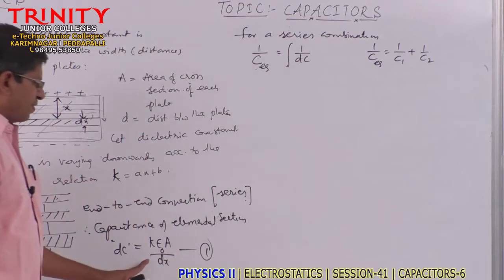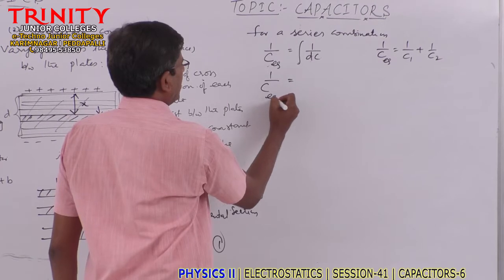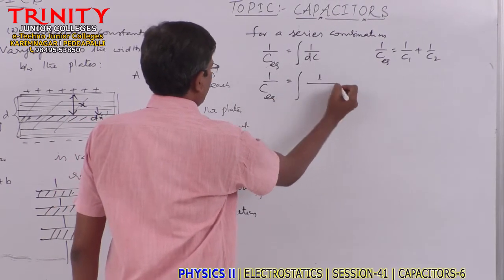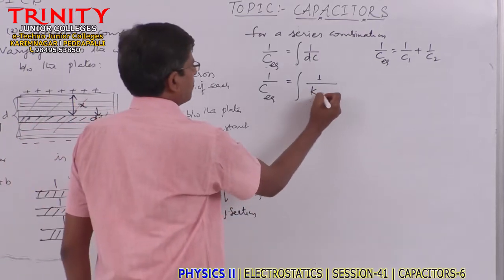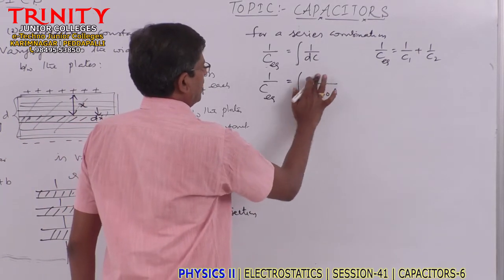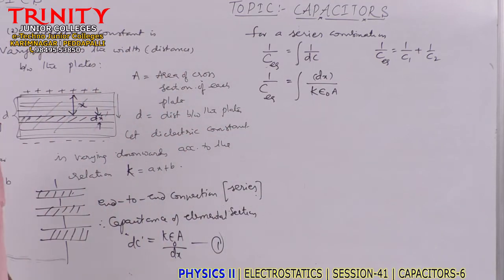Now dC we already have, so let me substitute the dC value. 1 by C equivalent is the integration of 1 by dC. 1 by dC is nothing but dx by K epsilon naught A. Now what is the value of K?